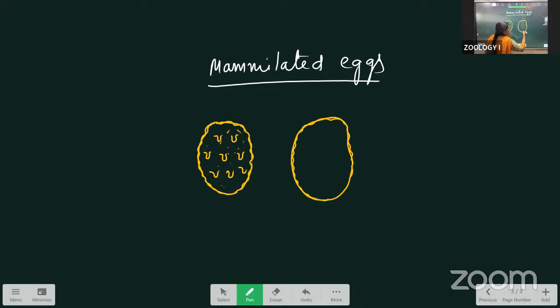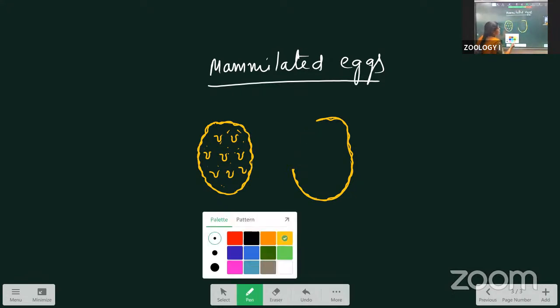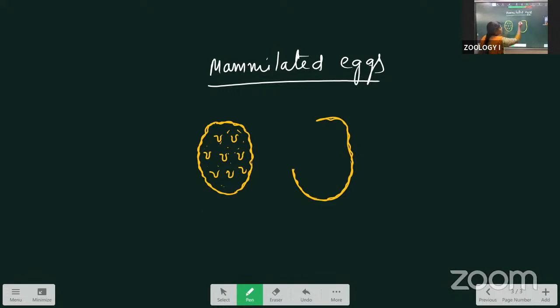The protein coat is on the outer side, followed by the chitinous shell. This is the outer side, the rippled surface of the protein coat. And next, I draw the lipid layer. The surrounding is what we call the chitinous shell.